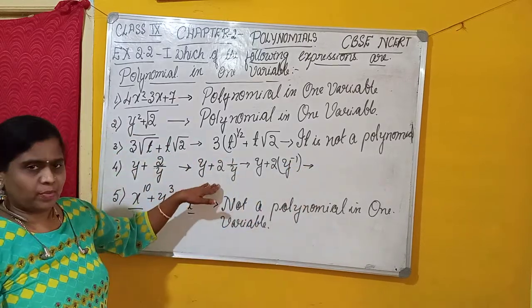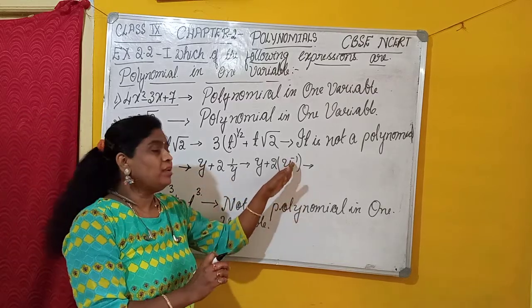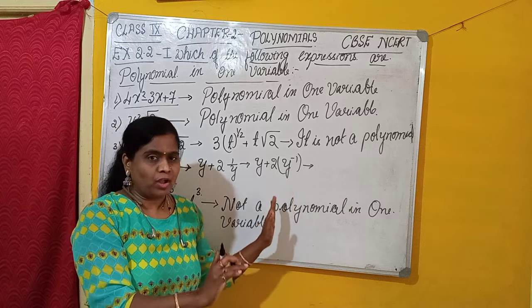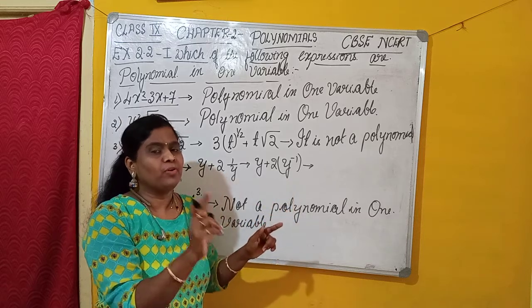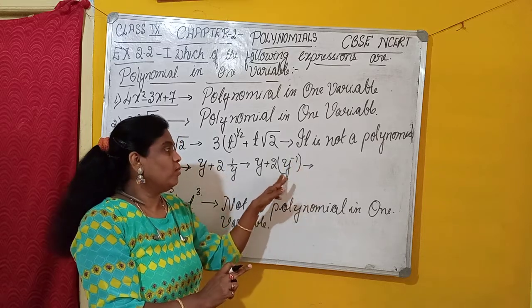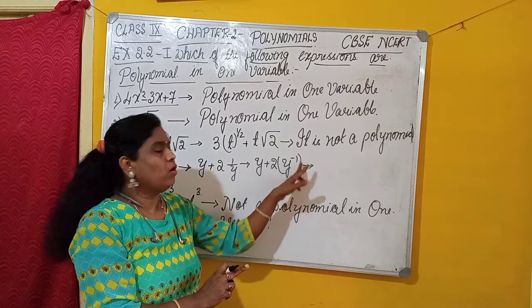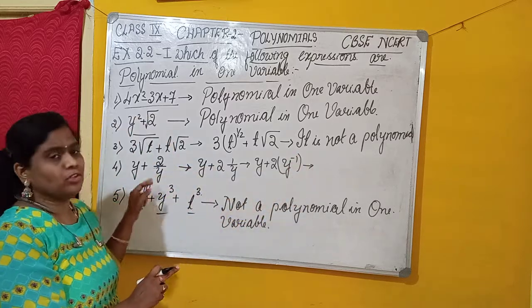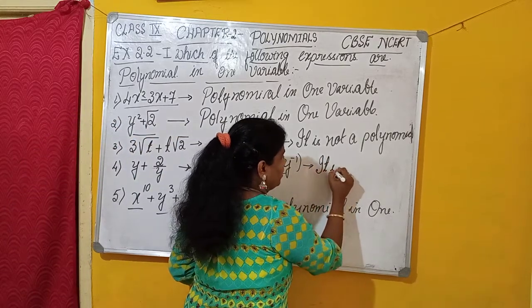Here the variable used is y, but the exponent of y is minus 1. This is not a whole number. Whole numbers should be what? 1, 2, 3, 4, the positive integers, otherwise 0. Here, y to the power of minus 1 is there. It is not a whole number. Therefore, this is not a polynomial.